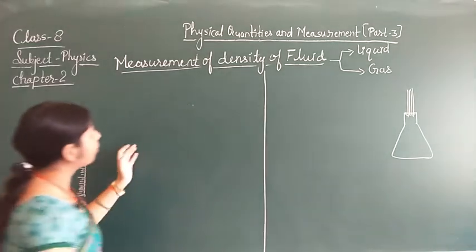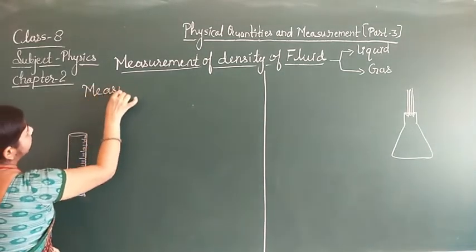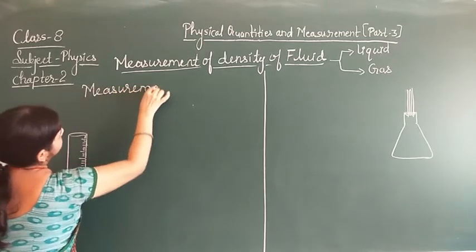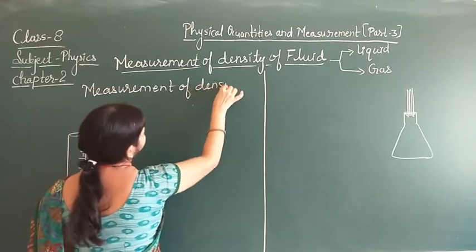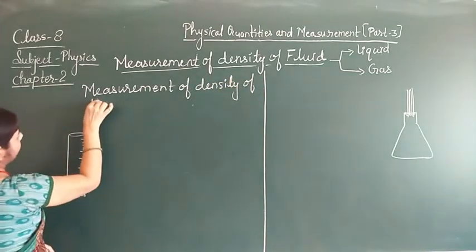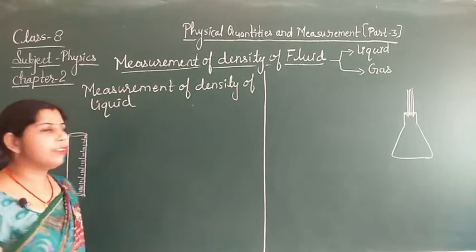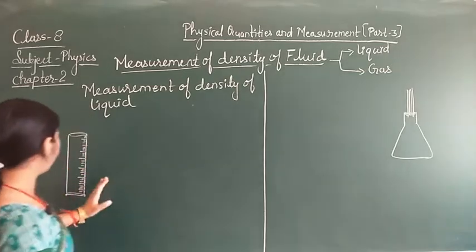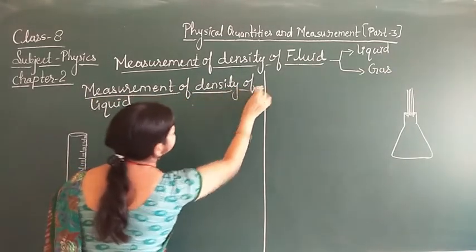So let's start the measurement of density of liquid, and this we can do with the help of two things. First is the graduated cylinder and second is the density bottle.